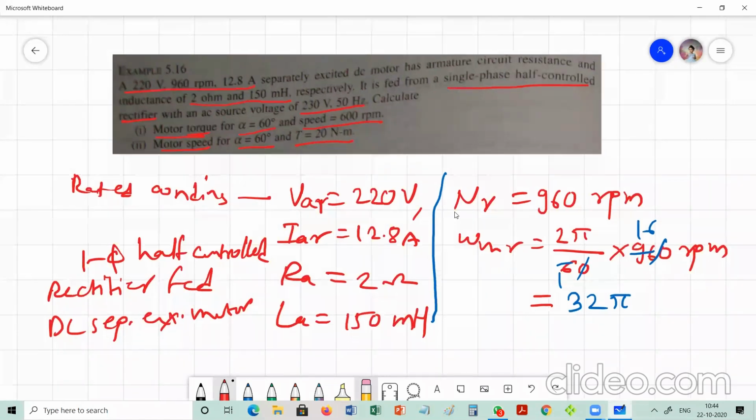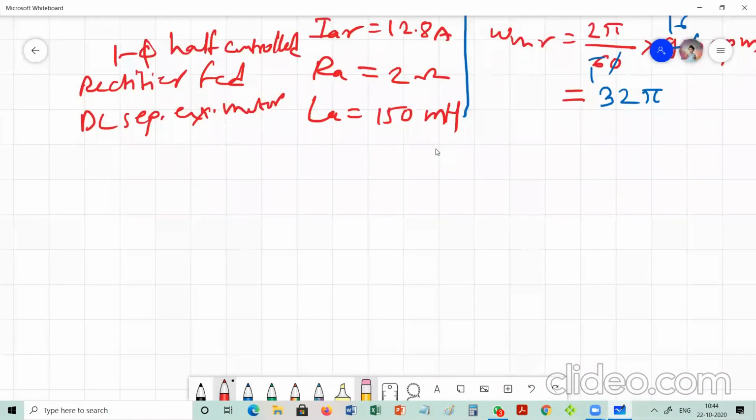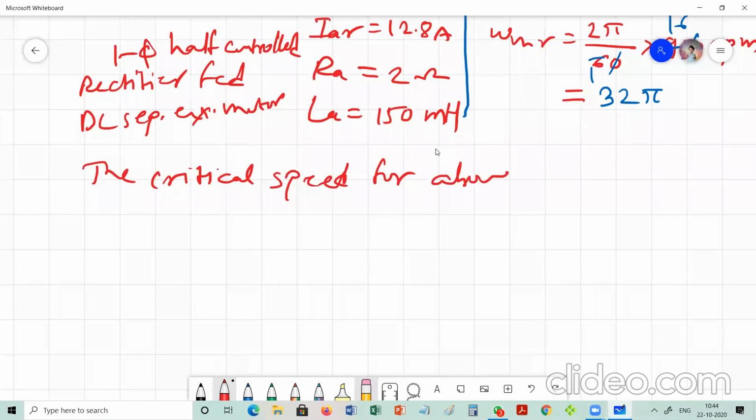First, you have to remember what is the critical speed equation. The critical speed for the above drive. Above means which? Single phase half controlled rectifier fed DC separately excited motor.